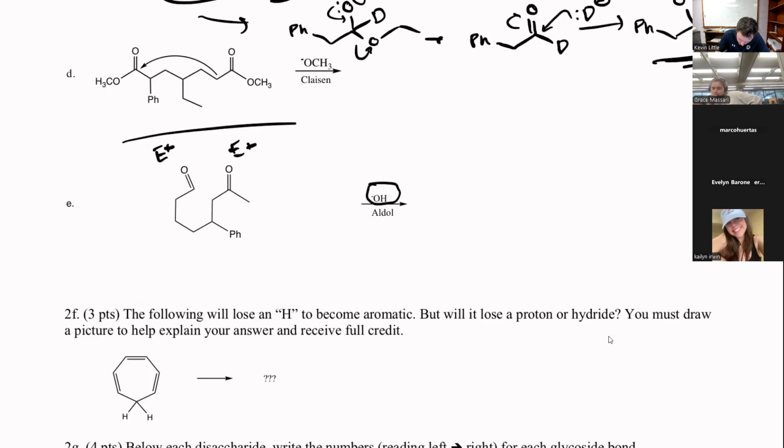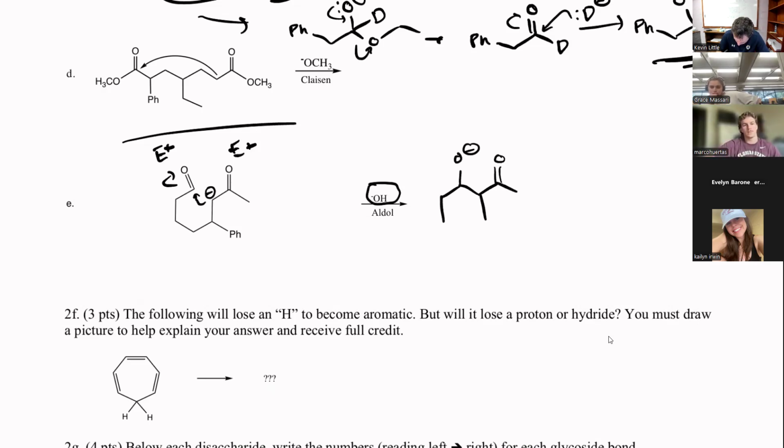But what we're trying to do is form this enolate. It adds into this, and we form this 6 membered ring. We form this, and then we're going to protonate it.